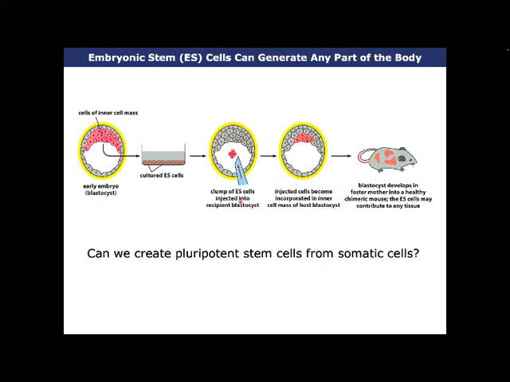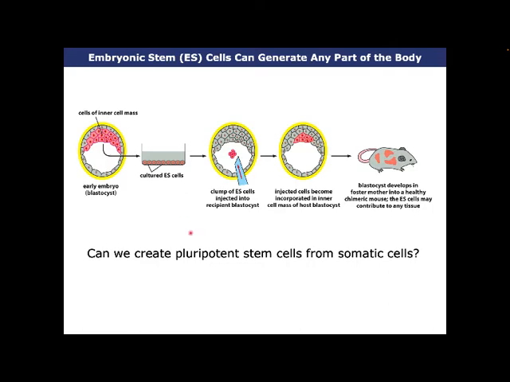So we may have a question in a similar way. Can you create the pluripotent stem cell from somatic cells instead of crushing the blastocyst? Because crushing the blastocyst, especially in the case of the human, raises lots of ethical issues. Like we consume the blastocyst, and there are ethical issues such as, do we have to consider this blastocyst as a human being?